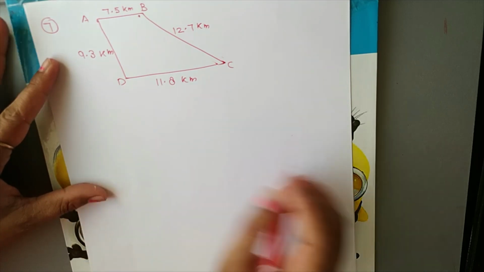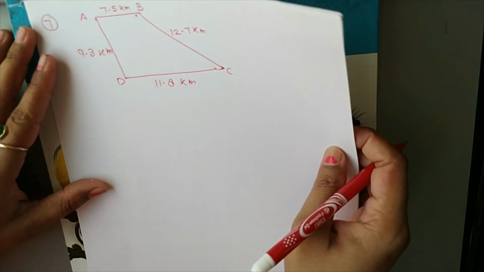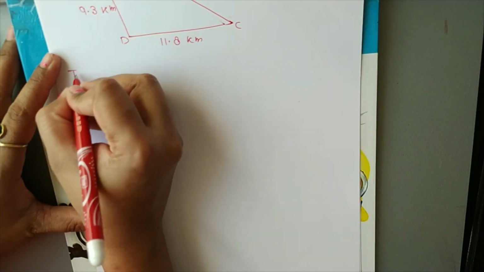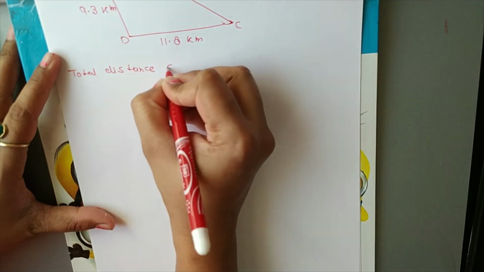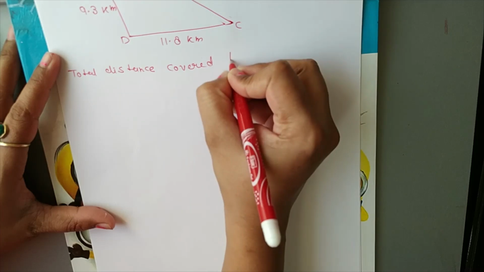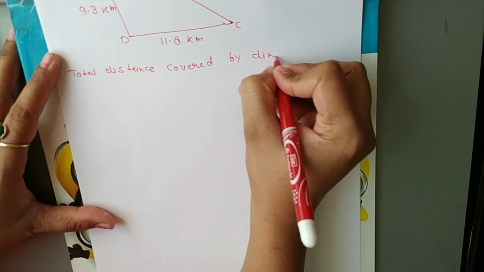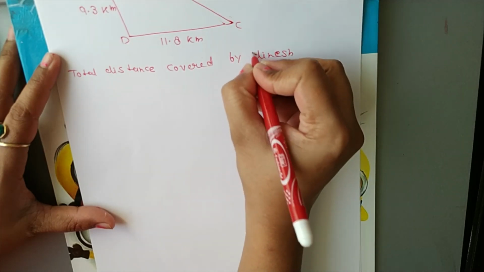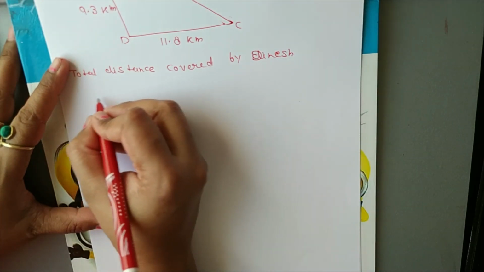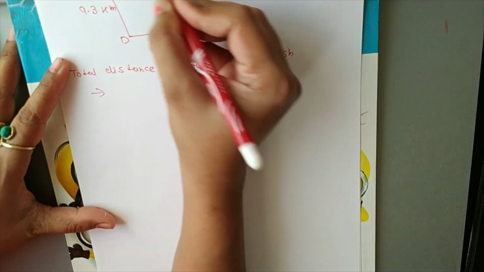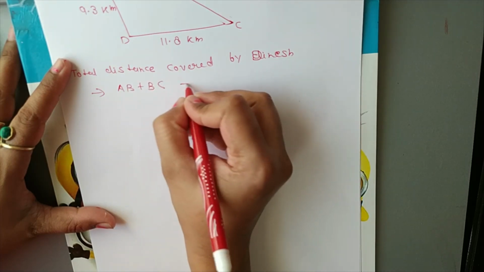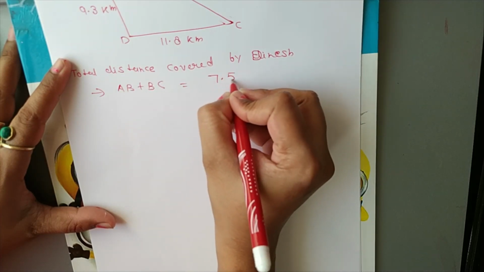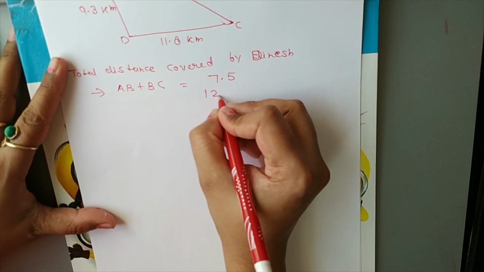First we have to find the total distance covered by Dinesh. It will be AB plus BC, so 7.5 and 12.7.